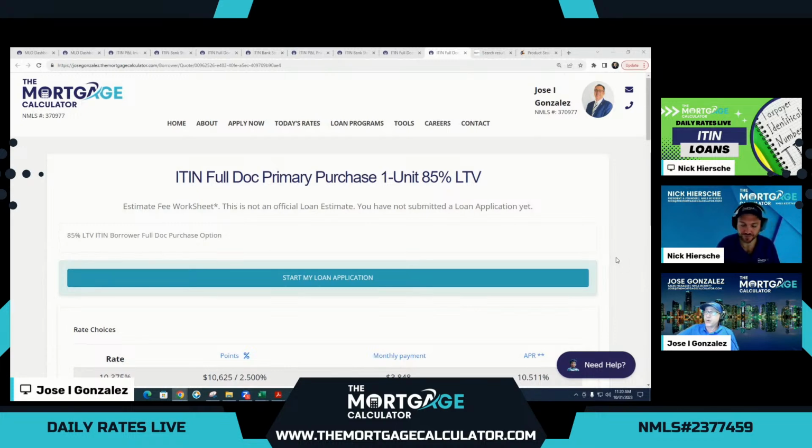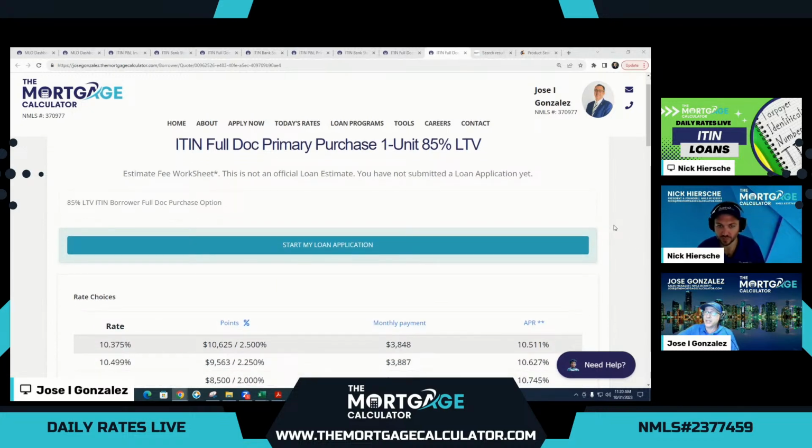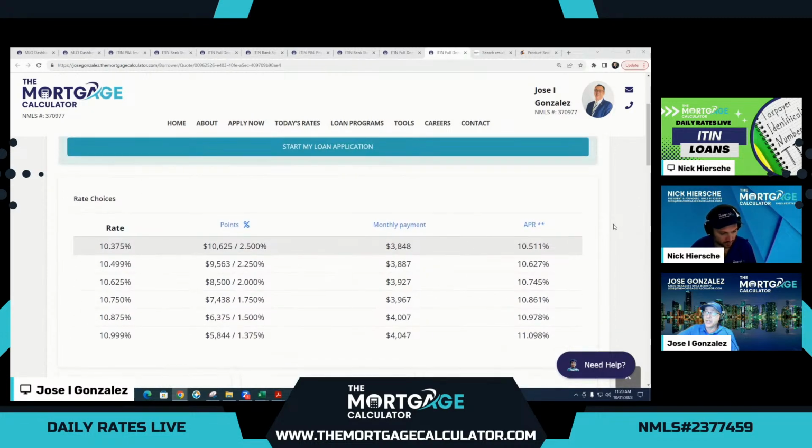And here we're going to go first with our full doc, one unit, 85% max LTV. So remember, this is U.S.-based income only, and U.S.-based credit is required. Now, it's very important for you to review the guidelines regarding what documentation the borrower will need to provide, because it does vary from conduit to conduit.